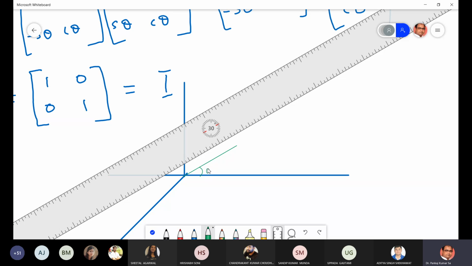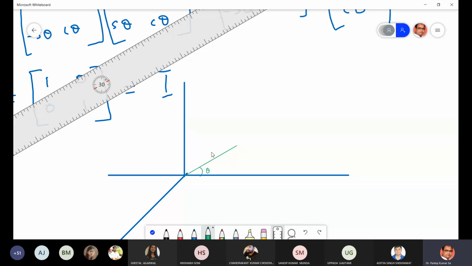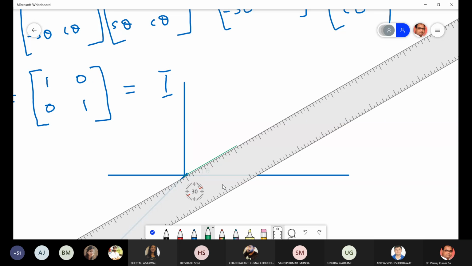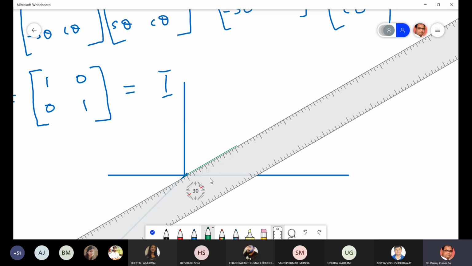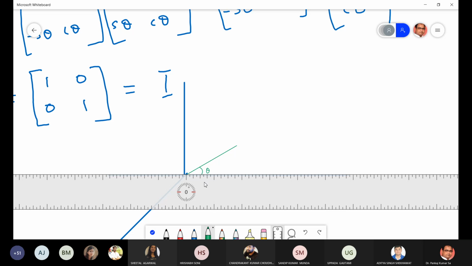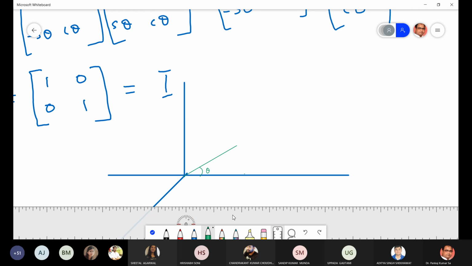So this is theta. Whenever we talk about a point, let me call this one 1 comma 0.